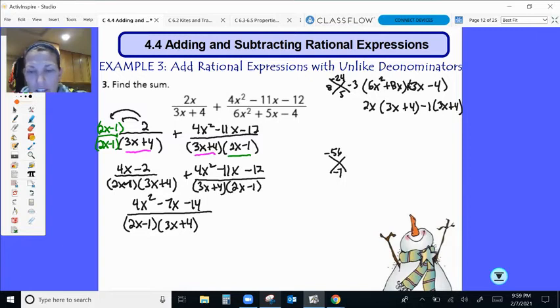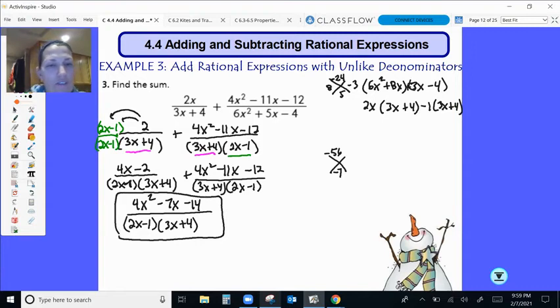I don't think we have any factors of 56 that are going to add up to -7. Yeah, I don't think so. Okay, so that is it. This is our simplified version. Okay, there you go.